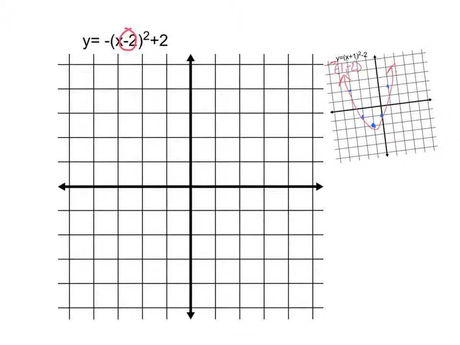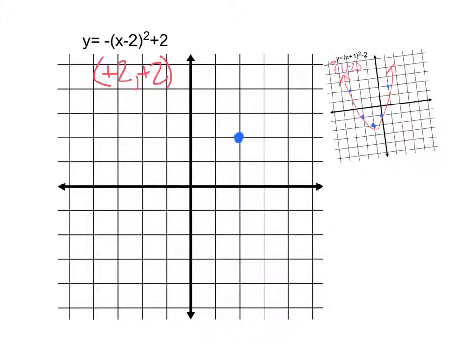Our k value is +2. So from this, we can build ourselves an actual vertex. And our vertex, according to our formula, would be +2, +2, or the point 2, 2. So we'll go ahead and we'll mark that point.